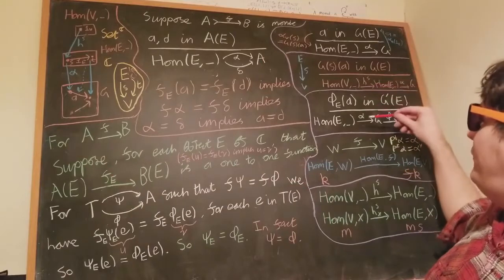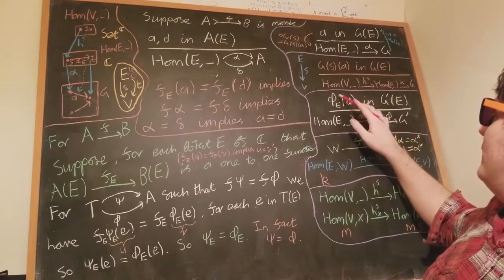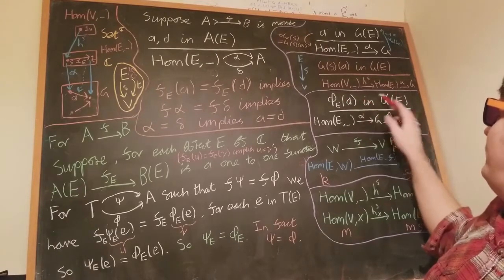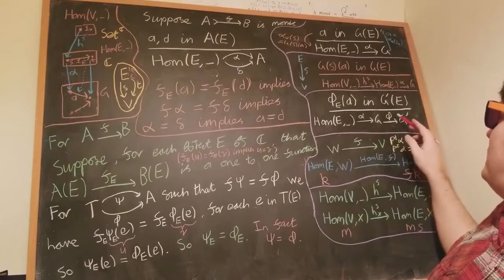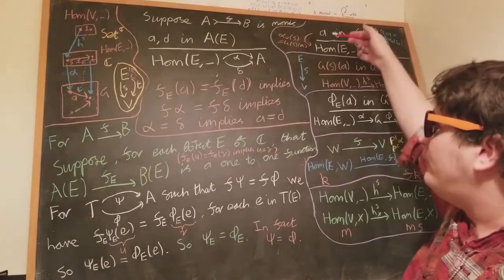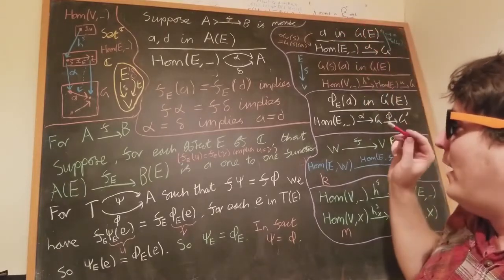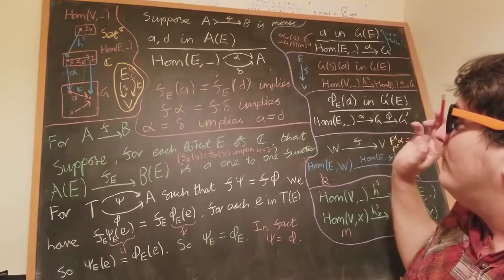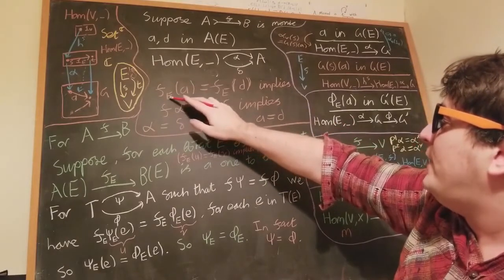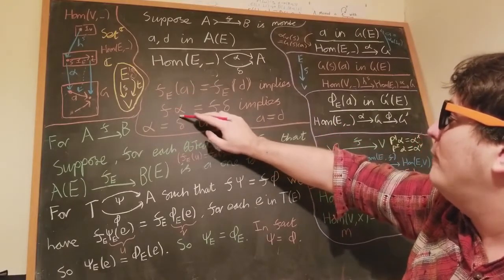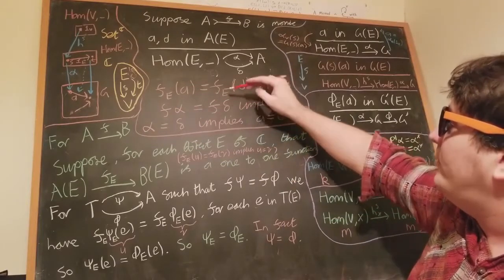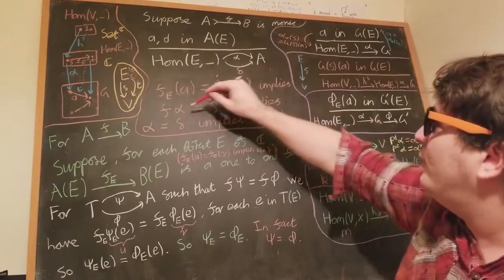So what this says is that doing the eth component of phi on A corresponds in arrow language to doing phi after alpha, where alpha is the arrow corresponding to A under this kind of Yoneda isomorphism. And so for us, what this means is that if alpha is the arrow corresponding to A, then f_E of A corresponds to f after alpha, and f_E of D corresponds to f after delta. And since these two are equal, it must be that these two are equal.